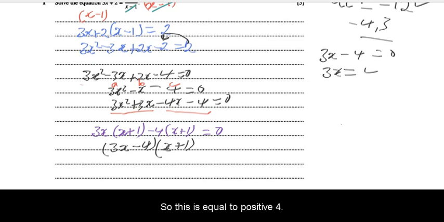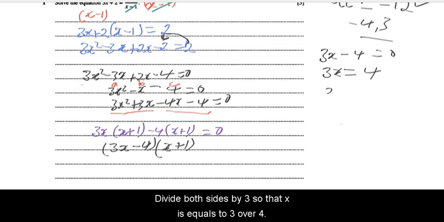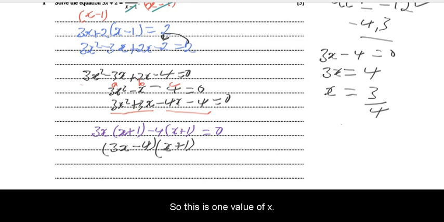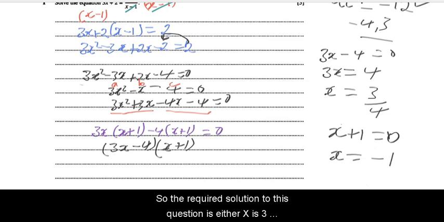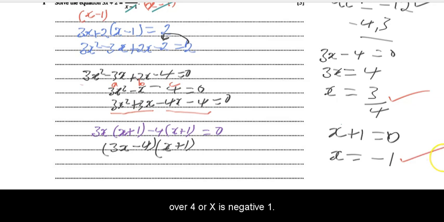So 3x is equal to 4. Divide both sides by 3 so that x is equal to 3 over 4. So this is one value of x. Now let's take the second. x plus 1 equals 0 implies that x is nothing but negative 1. So the required solution to this question is either x is 3/4 or x is negative 1.